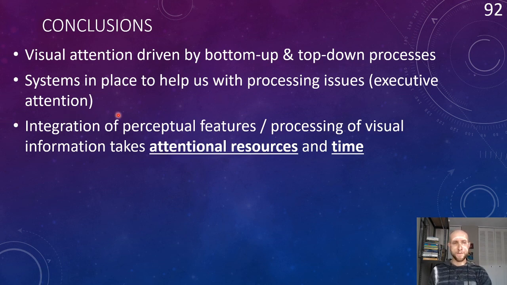We also integrate perceptual features and perceptual information, and that takes attentional resources, right? It takes us focusing, taking in that information, and time to appropriately integrate that information. We saw that with feature integration theory. We saw that with attentional blink, repetition blindness.